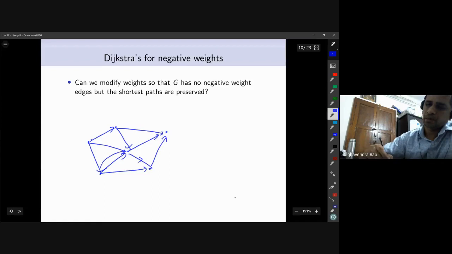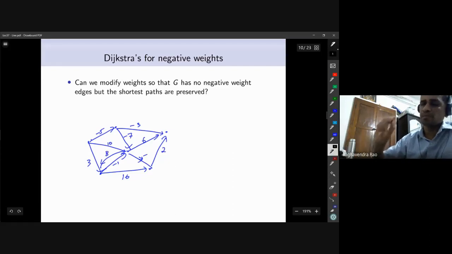There could also be parallel edges. Say the weights are -5, -3, 2, 6, -7, -1, 10, 5, 16, 3, 8, etc. Now let's say we have some numbers associated with the vertices: 7, 3, 30, 12, 6, 5.